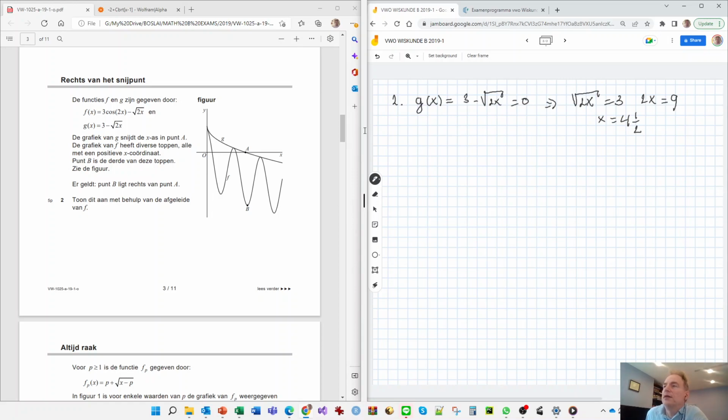Okay, we need to determine the extremes of f, so we need to set the derivative equal to 0. Well, what is the derivative?